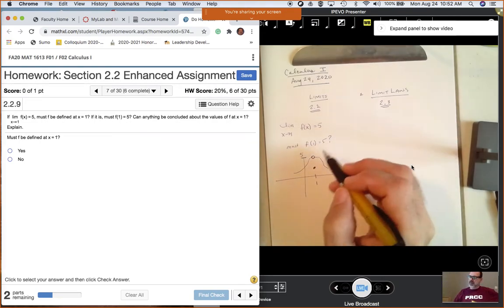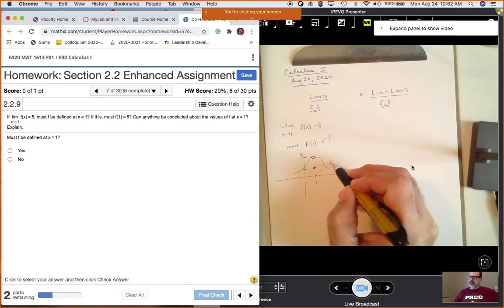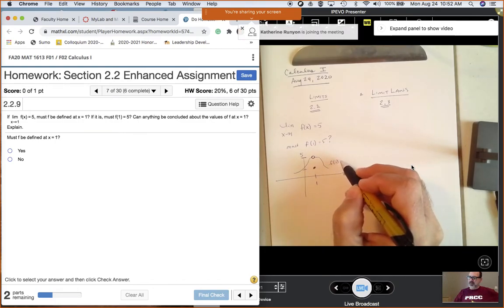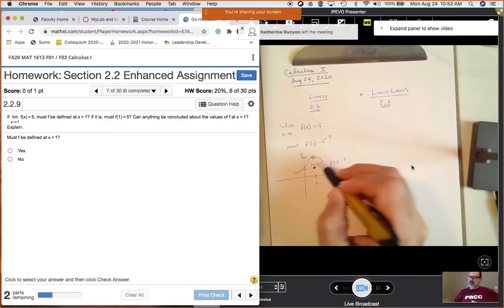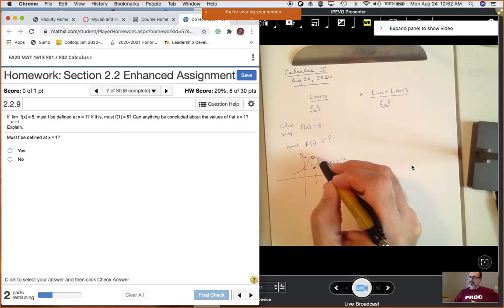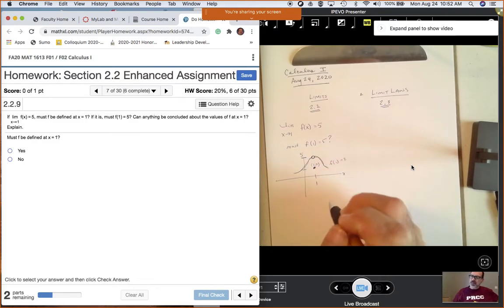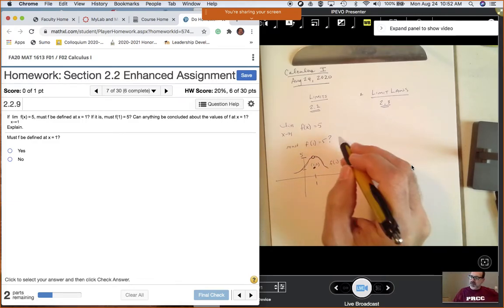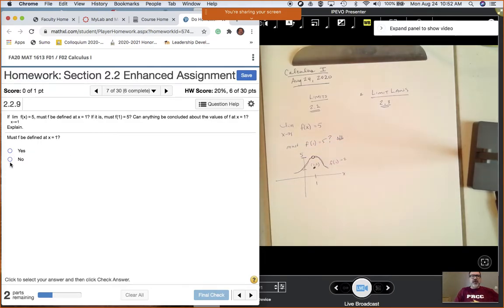So in this picture that I've drawn, f at 1 would actually equal 2 because this point would be at point (1, 2). But the limit from the left side and from the right side is still approaching a y value of 5. So we'd answer their question, no, it doesn't require that f of x be defined.